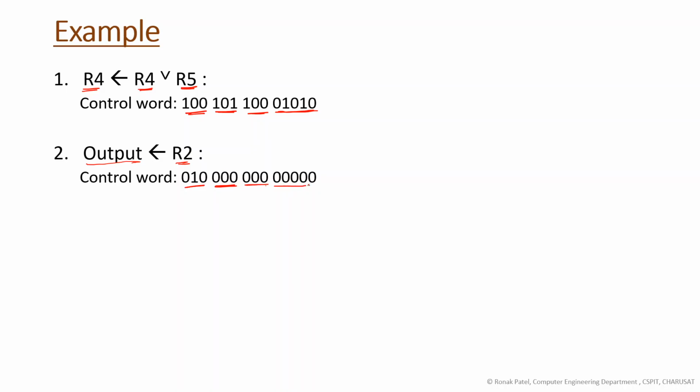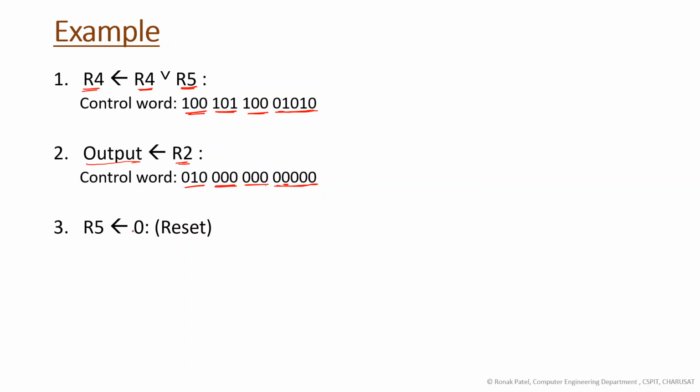There is no operation, or rather a transfer operation: transfer A, whatever value you have. The operation code for that is 00000. This is arithmetic, you can see it is 0.